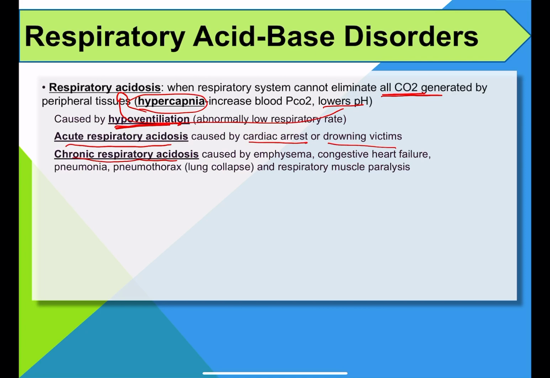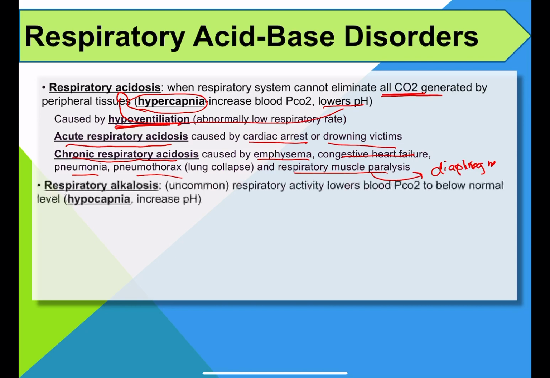This can be caused by things we have already mentioned as well: emphysema, for example, congestive heart failure, pneumonia, pneumothorax, respiratory muscle paralysis, because it affects your diaphragm. If your diaphragm is not functioning correctly, you will not be able to breathe efficiently, and hence CO2 accumulates within the lungs long-term, slowly in a progressive manner. Okay, so either way, acute or chronic can result in respiratory acidosis.